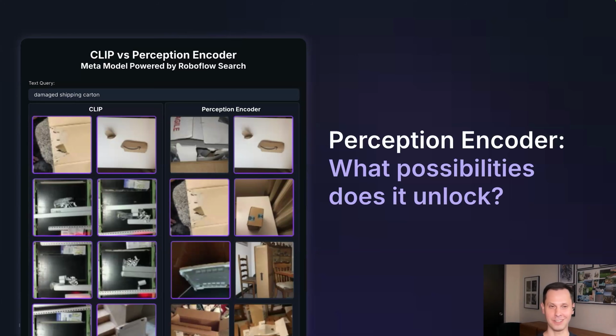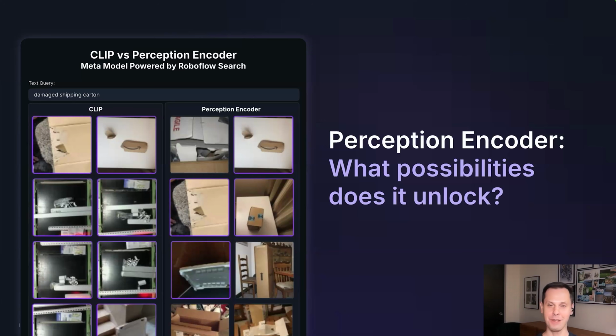Like, I want to do a webinar about finding damage in shipping cartons or shipping containers, and I'm sure the stock website must have videos of damaged shipping cartons, but when I search on their website, I can't really find them, and I end up spending a whole lot of time sifting through results myself.